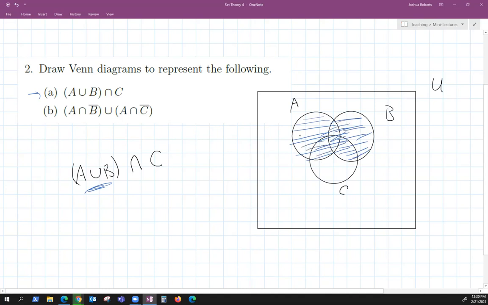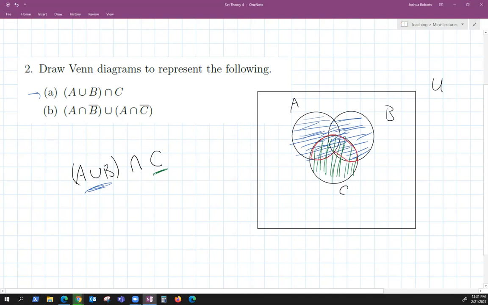And then I want to intersect that with C. So here's what's in C. So then the Venn diagram that I'm looking for is going to be things that are colored blue or colored green. So let me just outline that in red. Things that are blue or green. It's this part of the Venn diagram.